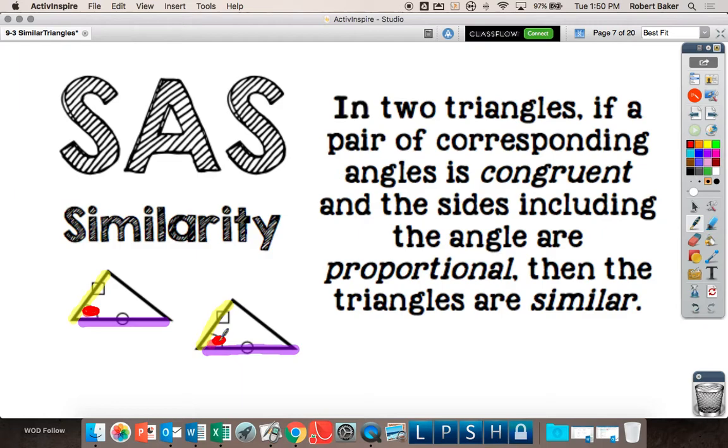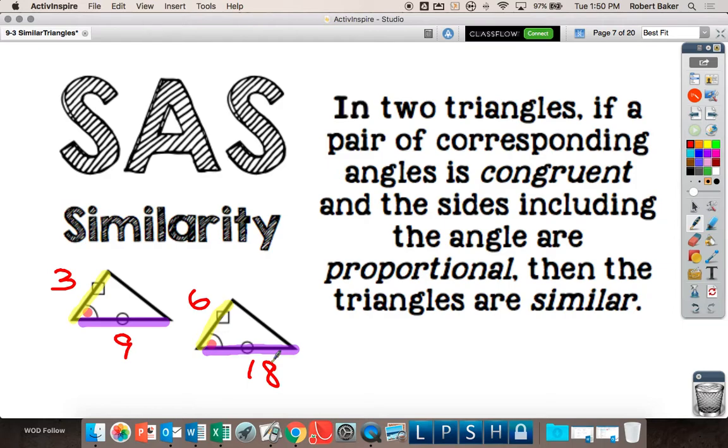When we did a congruent shortcut, it looked like this. This side was 3, this side was 3, this side was 6, and this side was 6. Today it's going to be proportional. So this could be 3, this could be 6, this could be 9, and this could be 18.